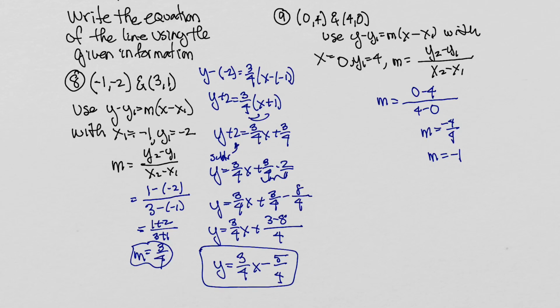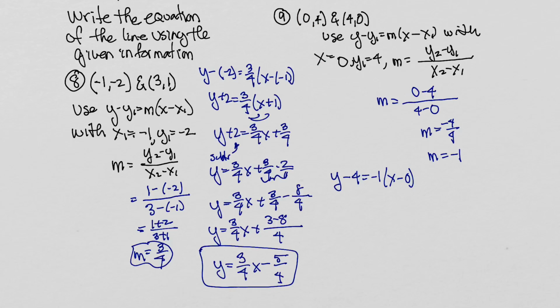So let's substitute. Now we'll get y minus y1, which is 4, equals m, negative 1, times x minus x1, which is just 0. y1 is 4, x1 is 0.